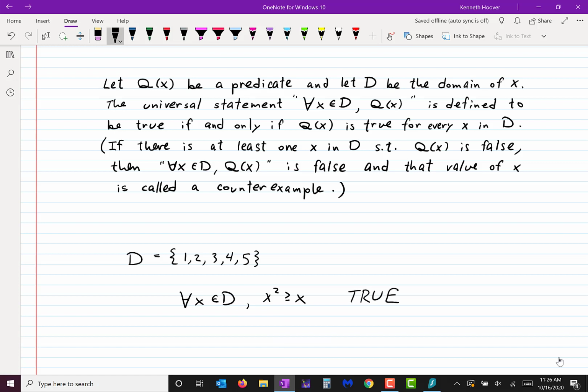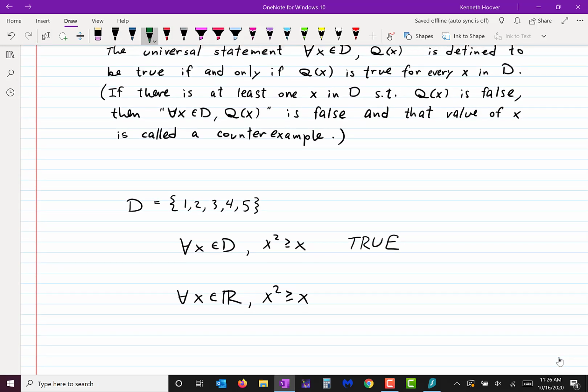Okay? Now if I changed D to the set of all real numbers, then let's just write for all x in the set of real numbers, x squared is equal to or greater than x. That is false, because I can name a bunch of real numbers for which this is not true.